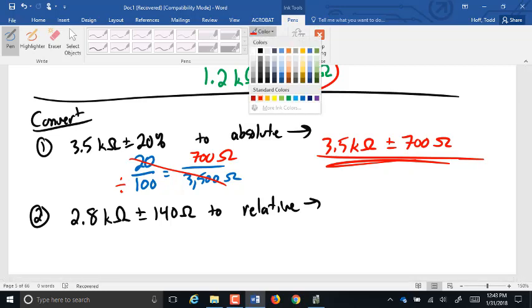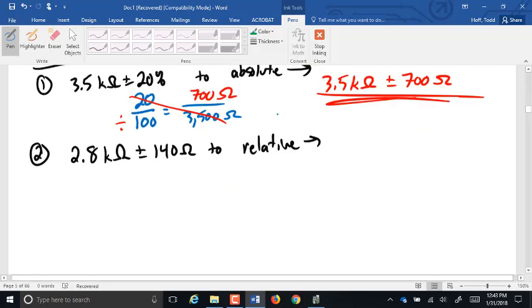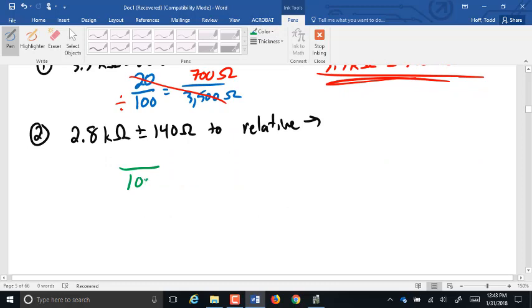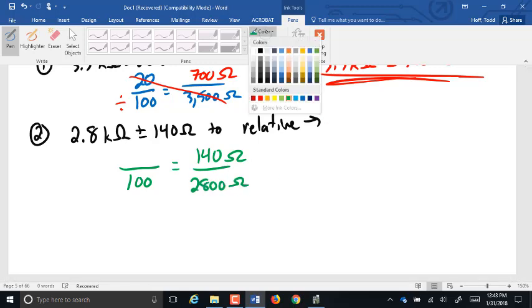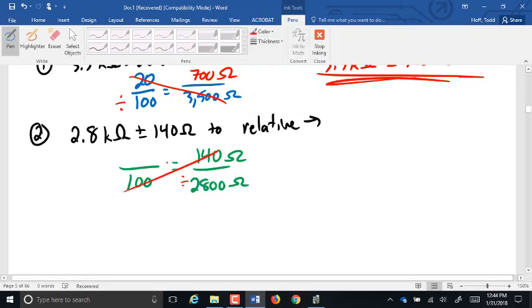Second one, going the other way, we have to find the percent. For 140 ohms out of 2.8, which is 2,800, cross multiply and divide, we get 5. So that is 2.8 kilo ohms plus or minus 5%.